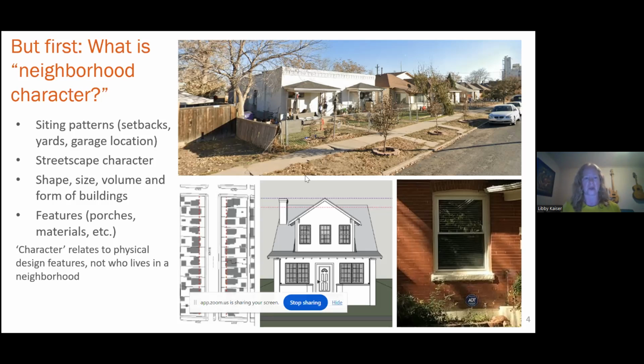And then we also really hone in on the buildings themselves, their shape, size, volume, their form, and also architectural features like porches or building materials like brick or vinyl siding. All of these things help to create the look and feel of a particular neighborhood.